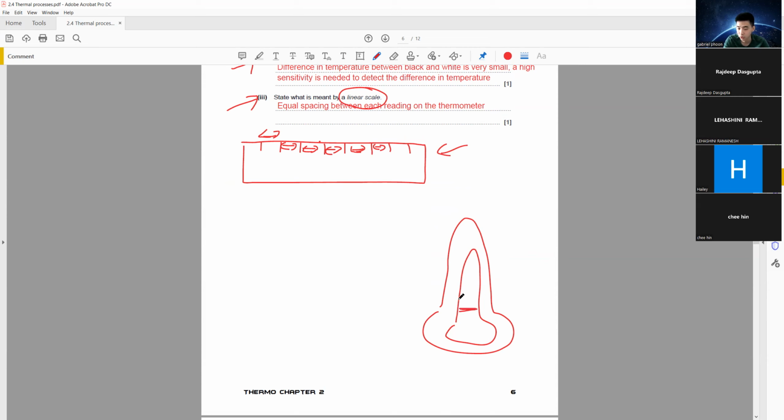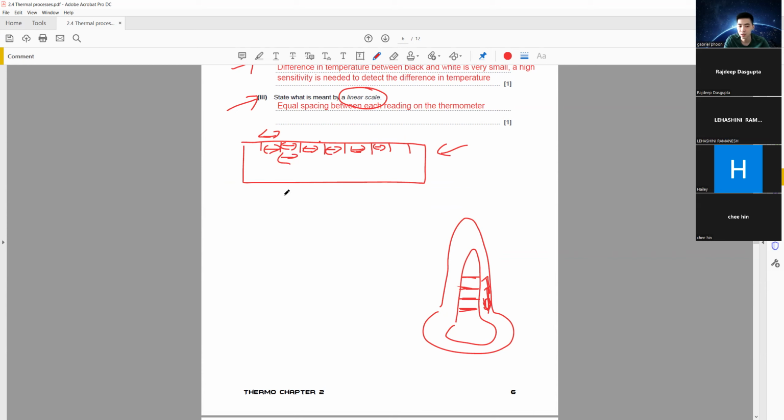If I increase the temperature by 1 degree Celsius, the mercury would have expanded by 1 cm. If I increase it by 2, it would have expanded by 2 cm. If I increase it by 3, by 3 cm. So every time you see that the liquid level rises linearly with the temperature, this is what we call linear scales. They must have equal distance between each reading.